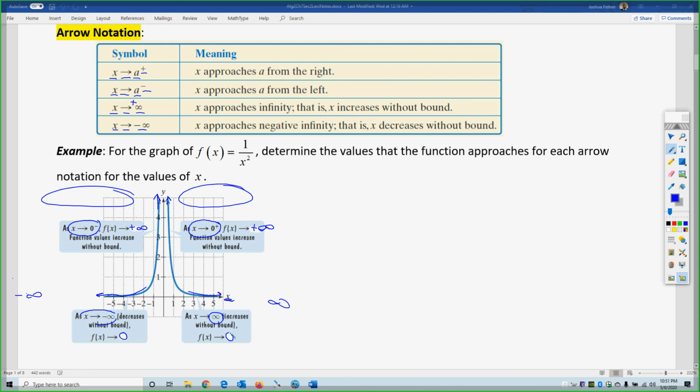So what you have here is a vertical asymptote at x equals 0 and a horizontal asymptote at y equals 0. They're invisible lines the function is approaching or cannot cross, depending on what it is. Okay. That is the end of part 1.